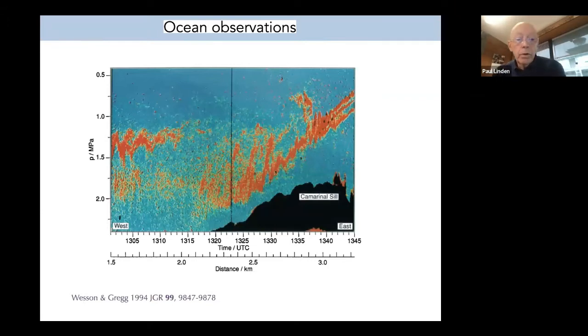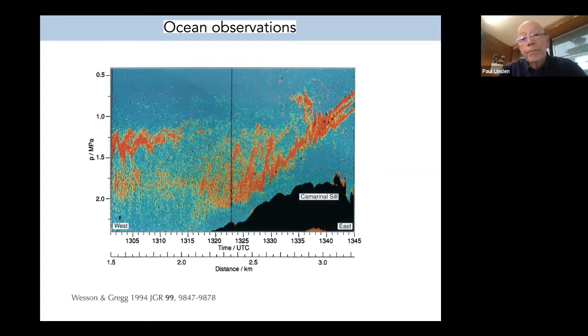Here's a picture of shear flow instability in the ocean, and what you're seeing here are actually backscatter images from acoustics, but these red regions represent variations in density, and you can see lots of structure and overturning features in this picture across a distance of a few kilometers.